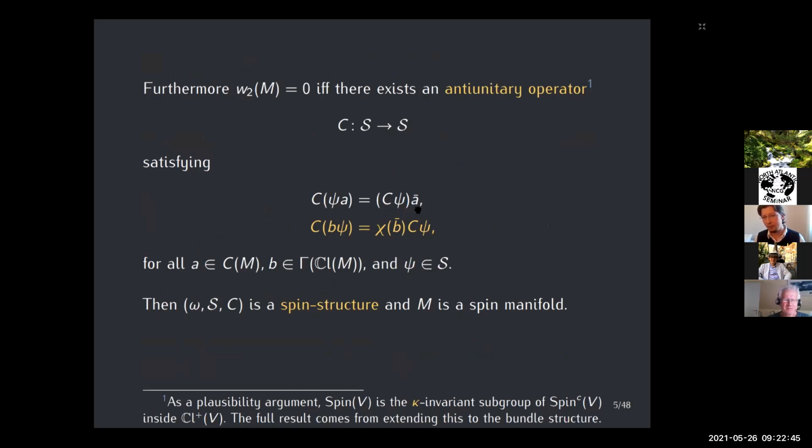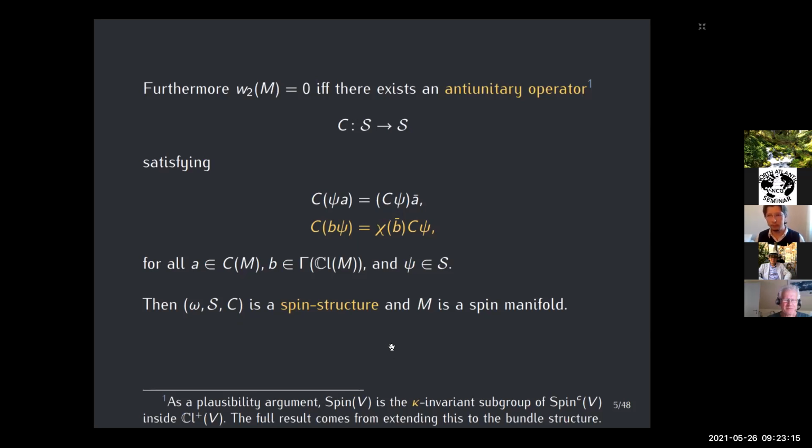On the right, just coming from functions, it's just a complex conjugation, but on the left, you can see here, it's implementing the charge conjugation that we had before, just now lifted to the bundle structure. And provided that this antiunitary exists, combined with our spin C structure, now we have a spin structure and M is spin. So this antiunitary operator is effectively discriminating between spin and spin C structures.